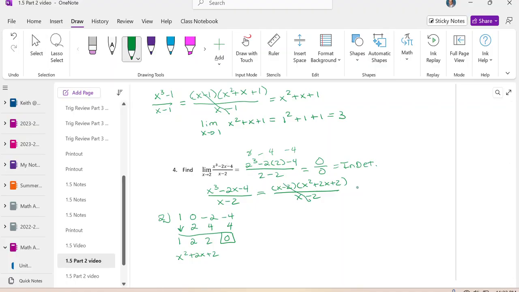So then we can cross this out, and this becomes x squared plus 2x plus 2. So when we find the limit now, as x approaches 2, we're finding it of x squared plus 2x plus 2. You substitute in the 2, so you get 4 plus 4 plus 2, which is 10.